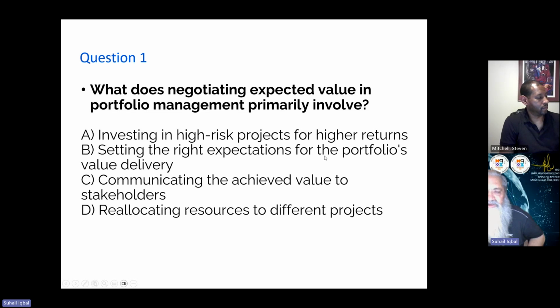Setting the right expectations for the portfolio value delivery? Communicating the achieved value to stakeholders? Reallocating resources to different projects? I would say B. Setting the right expectations for the portfolio's value delivery. Okay.